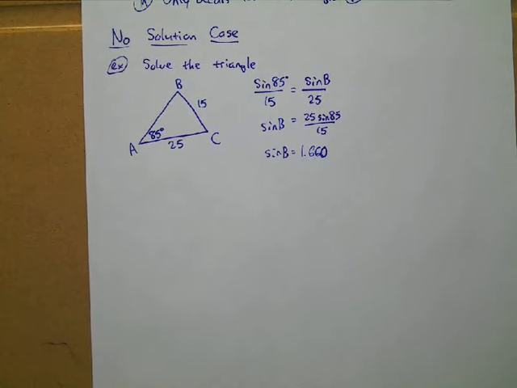What's the problem with asking that kind of question? Well, what's the highest value that sine can be? 1, right? So can there be an angle B that when you take the sine of it, you'll get 1.66? The answer is no, it's impossible.